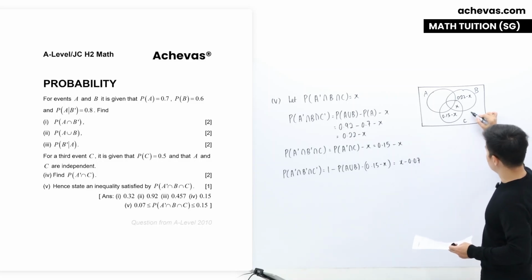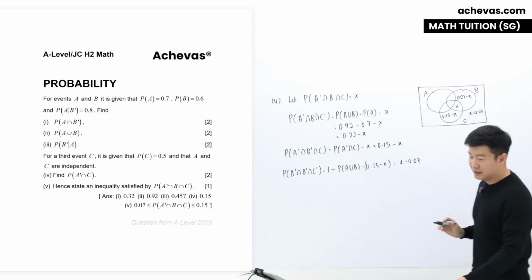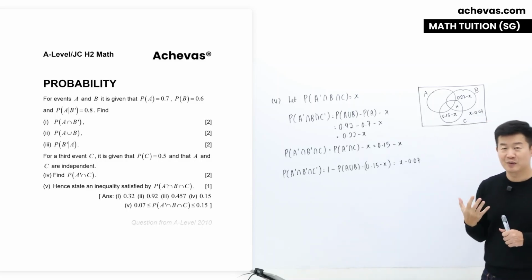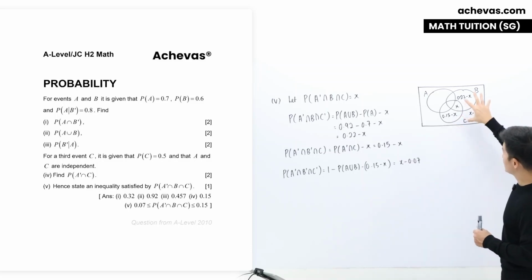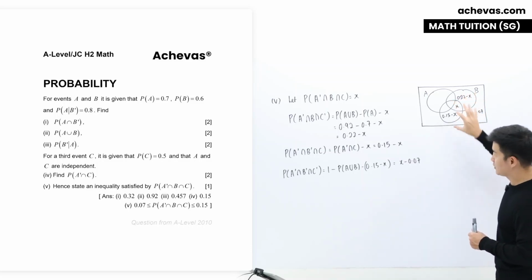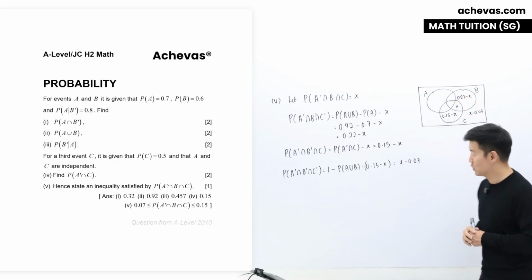So this region outside will be X minus 0.07. And I think that's about it. This is the best that we can do, quoting regions that are possible to be found and related to X.